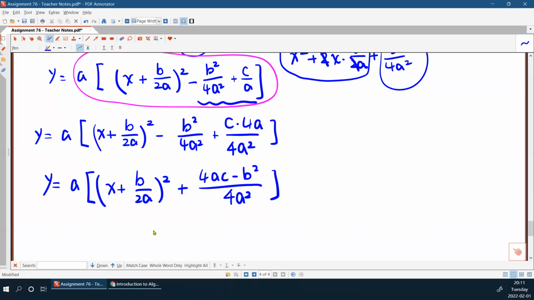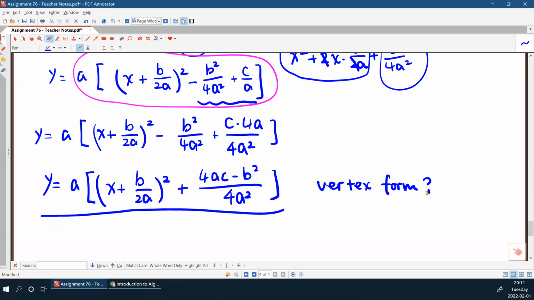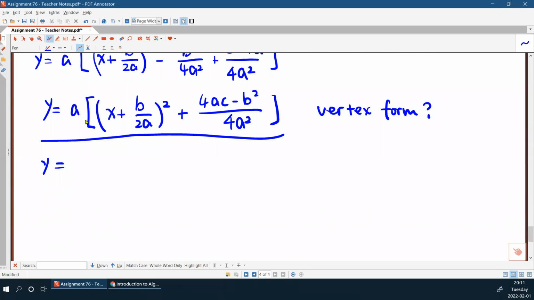Yes. So is this already in vertex form? Not yet, right? So we need to write one more step. That is to multiply a inside the brackets.